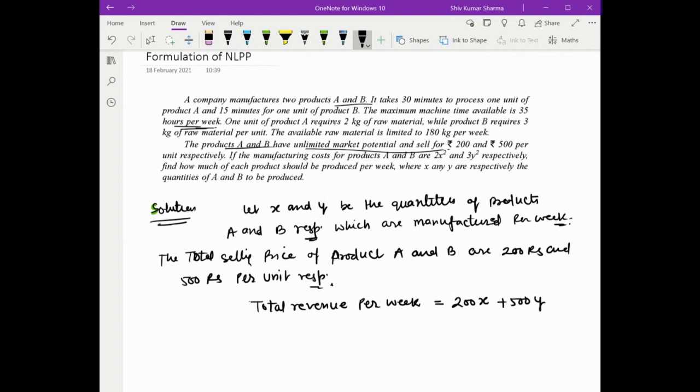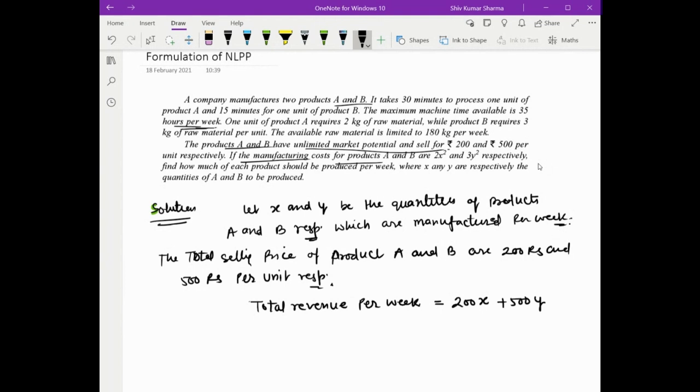So if 10 quantities of X type are sold and 20 of Y, the total revenue generated is 200 into 10 plus 500 into 20, if X and Y are considered as quantities. This is the total revenue per week. That means we go to the question and read this line.